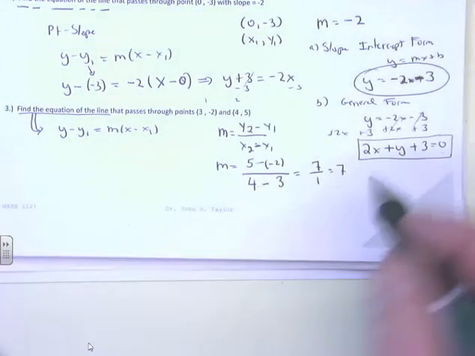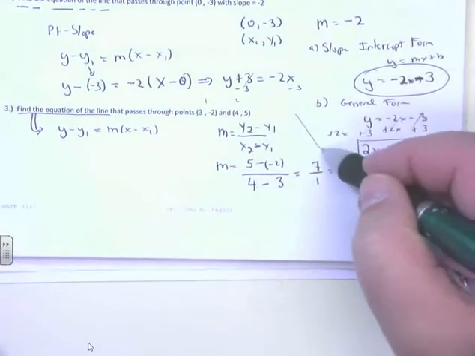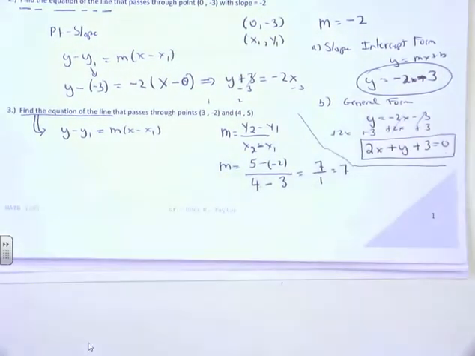So now I've got my slope. The slope is 7. Now I need a point. I got the points 3, -2, and 4, 5. Which point do I use? Honestly, it doesn't matter. Personally, I use 3, -2. Yeah, smaller numbers, less chance for me to screw this up.